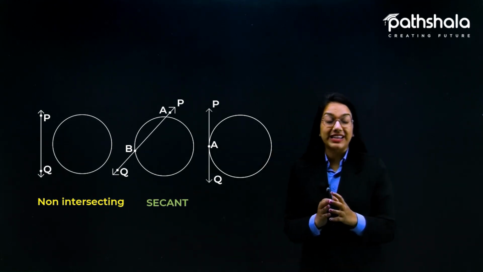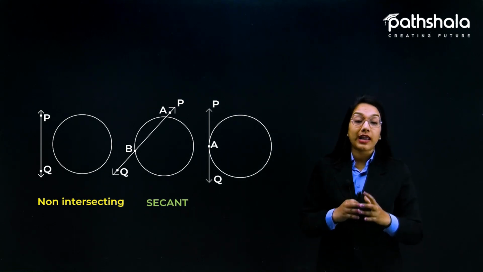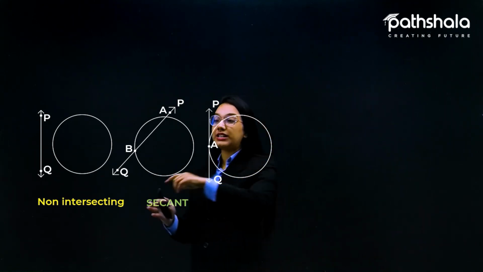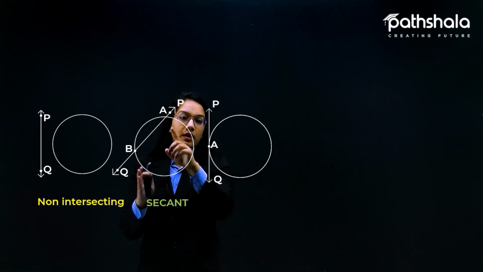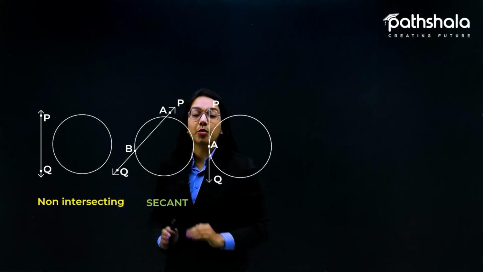We know that a secant is a line which intersects the circle at exactly 2 points. So this PQ is a secant.